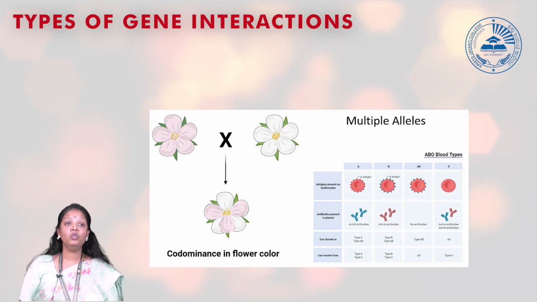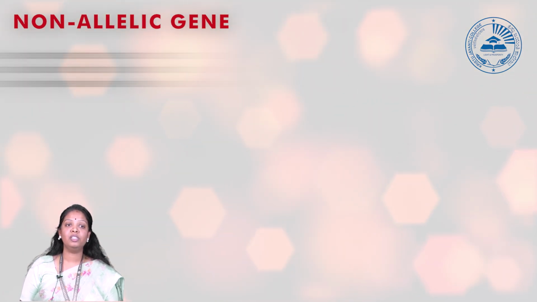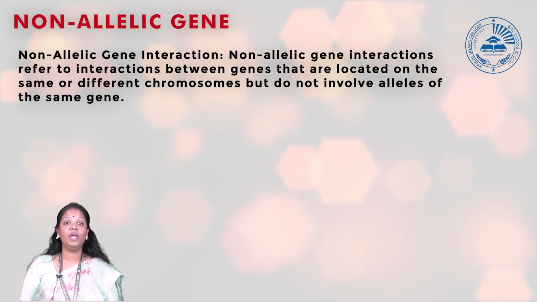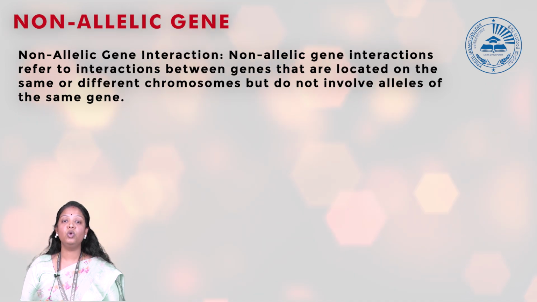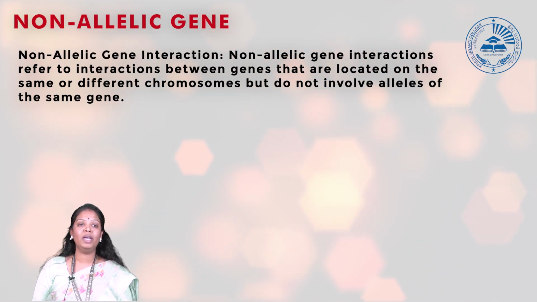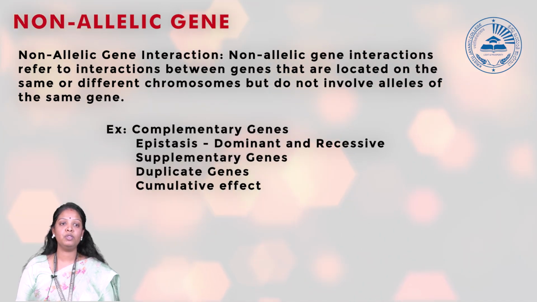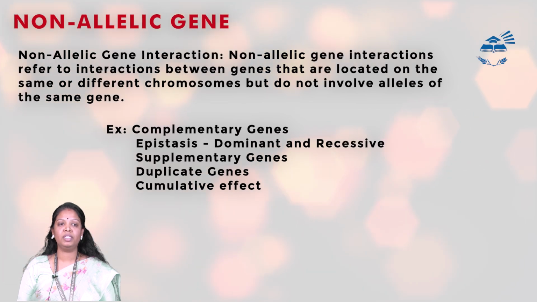Moving on to the non-allelic gene interaction. Non-allelic gene interaction is the interaction between genes that are located on the same chromosome or different chromosomes but do not involve alleles of the same gene. So gene interaction occurs in 2 different ways: allelic gene interaction and non-allelic gene interaction.